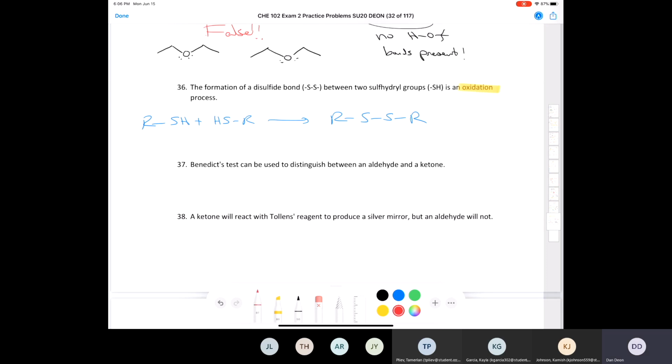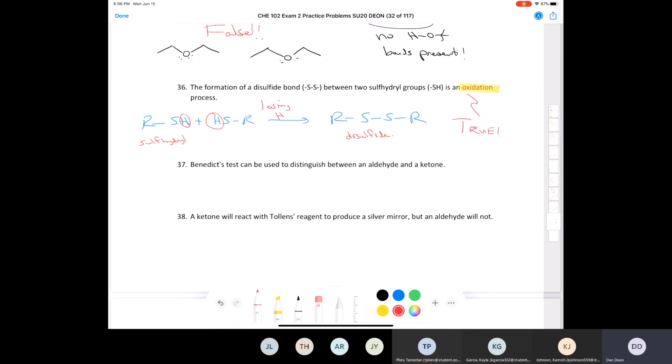The answer is this is true. Because we're losing bonds to hydrogen, right? Both of these are gone. This is a sulfhydryl, and this is a disulfide.